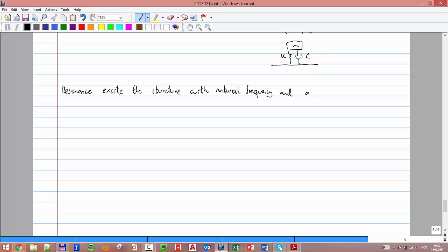Then the amplitudes will be big, and if amplitudes are big, then stresses and loads are usually also big. So we want to avoid that.